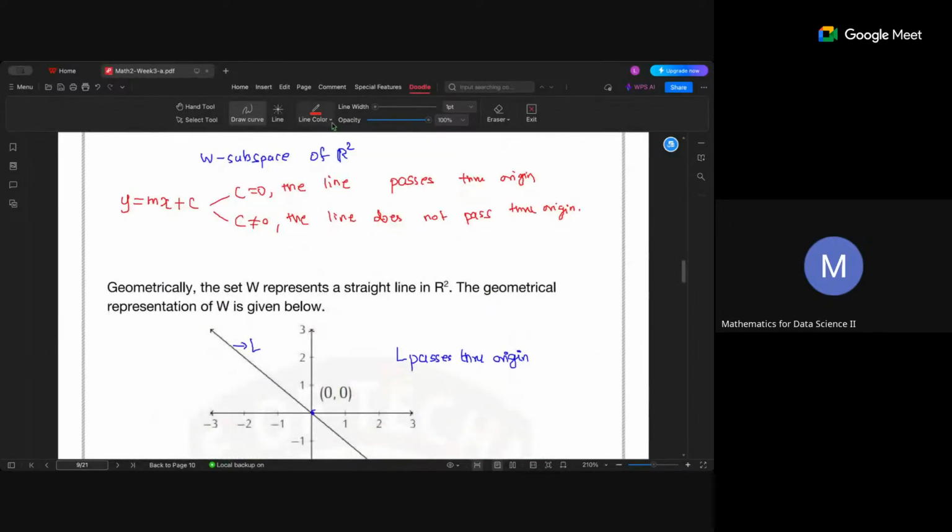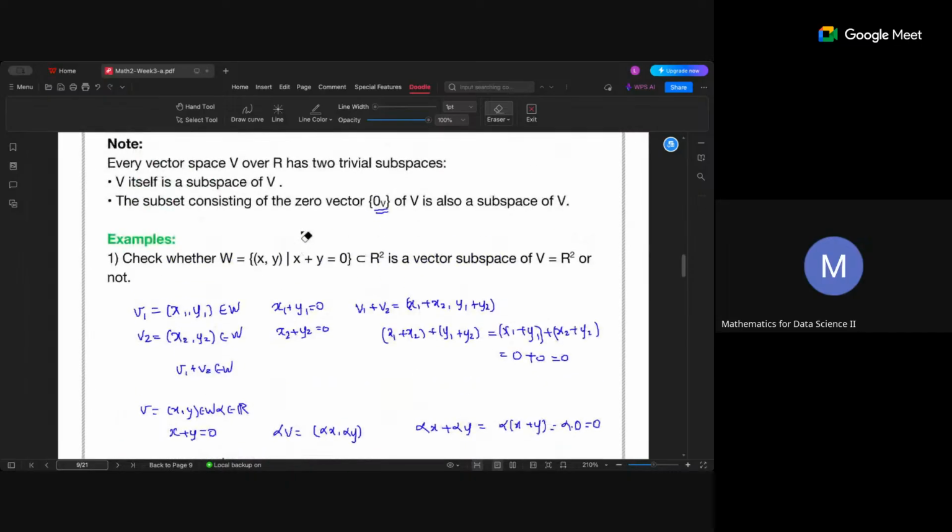So if you take W equal to the set of all (x, y) such that y is equal to mx, here what is the condition? y is equal to minus x. Here your m is equal to minus 1.